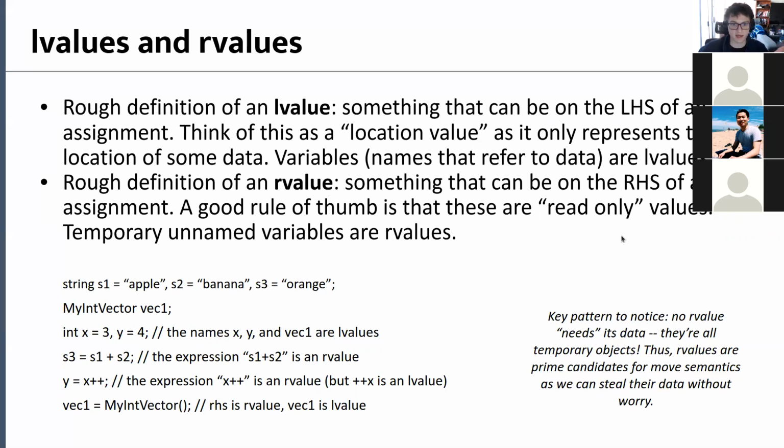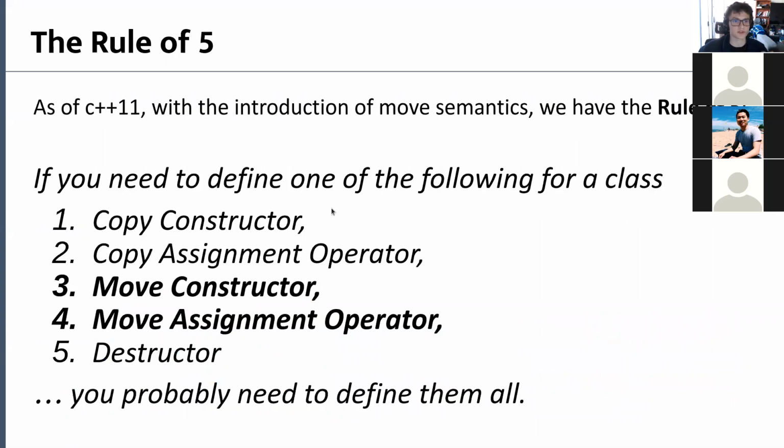So that's kind of the distinction between L values and R values. Feel free to keep asking questions if you want. But now we have our full rule of 5, which is the updated version of the rule of 3, where if you have a copy constructor and copy assignment operator, we probably also want to define a move constructor and a move assignment operator along with the destructor.